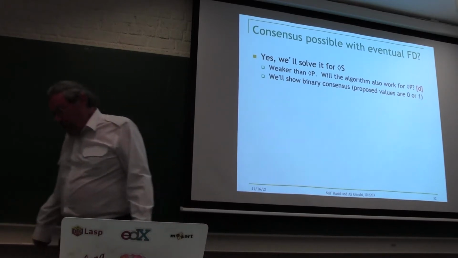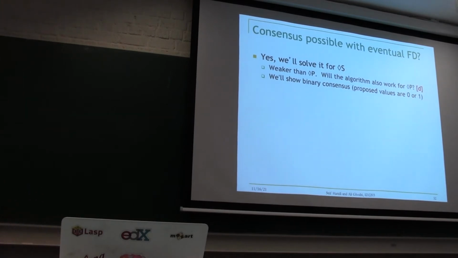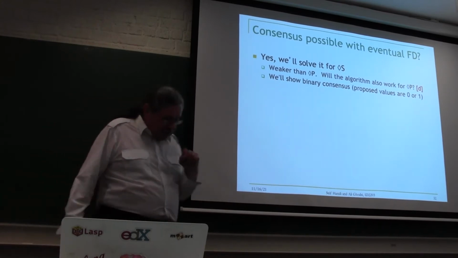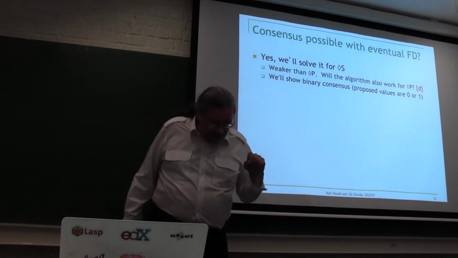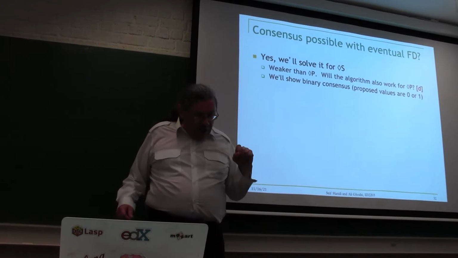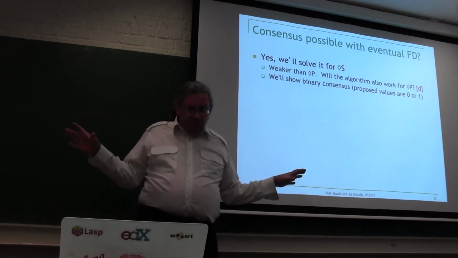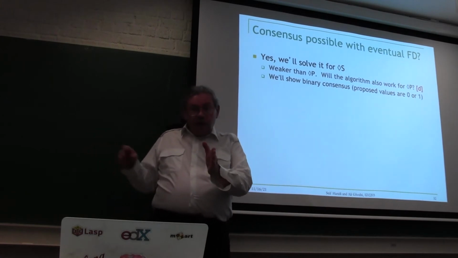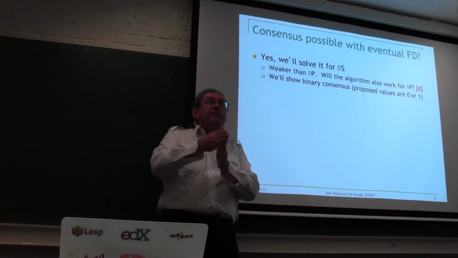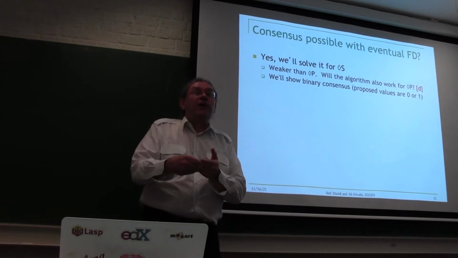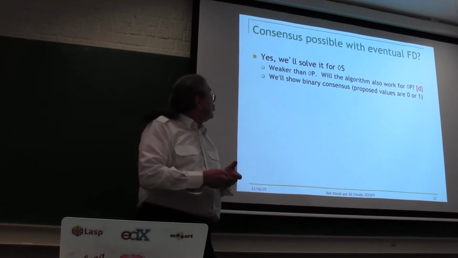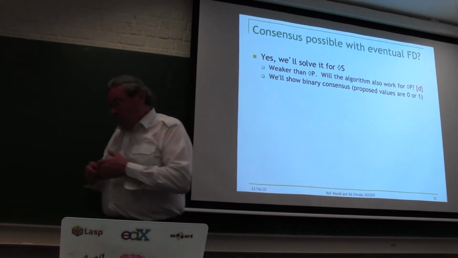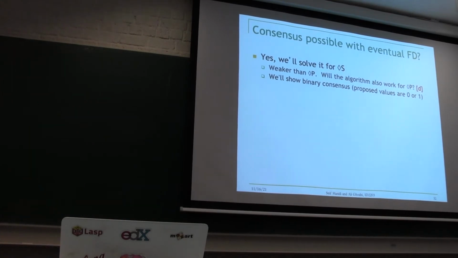So eventually S will do the following. For all nodes except for one, it can always make mistakes. For one node, it will start by making mistakes and then stop making mistakes. And eventually P will, for all nodes, stop making mistakes.